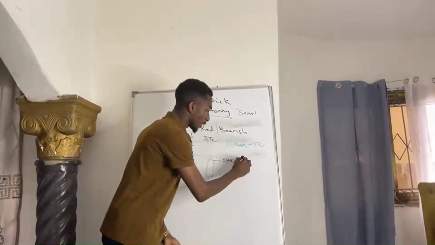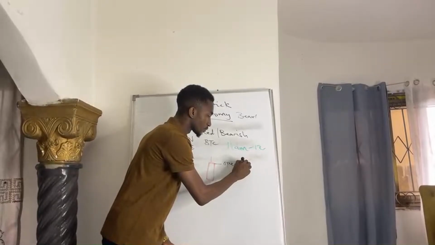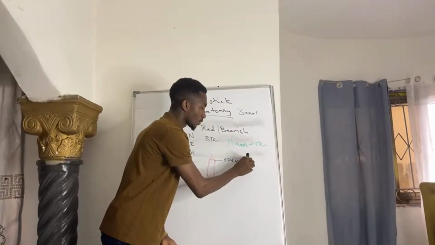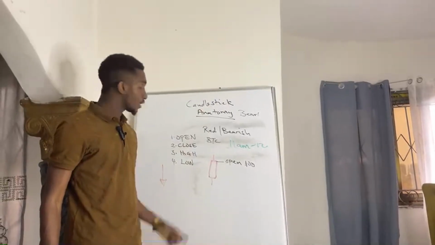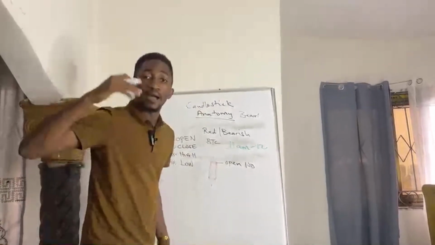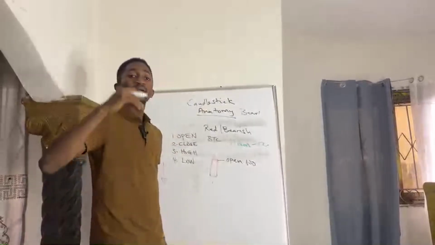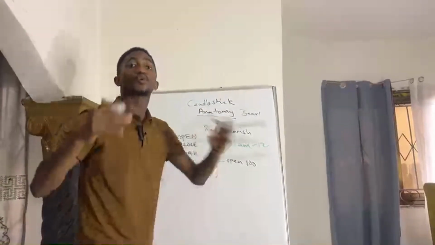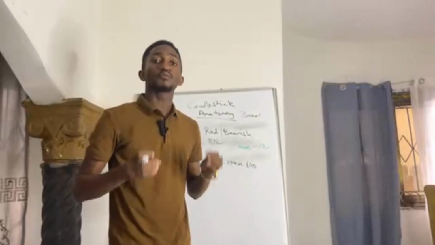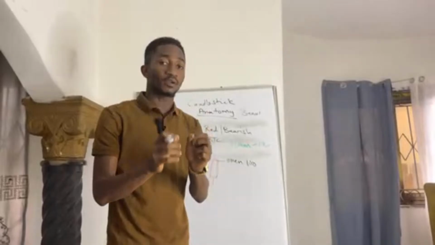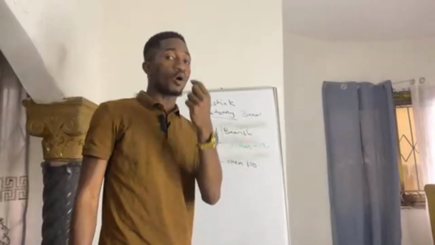Let's say the price opens at $100. If you want to buy one Bitcoin now, at the current market price, you are going to buy at $100.